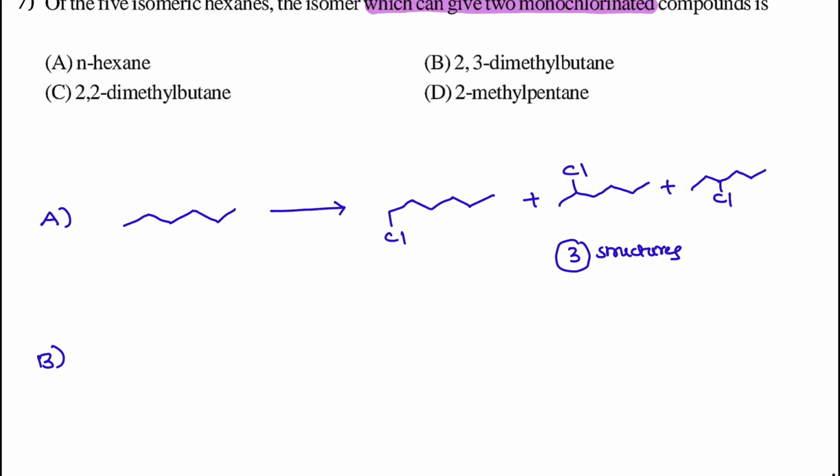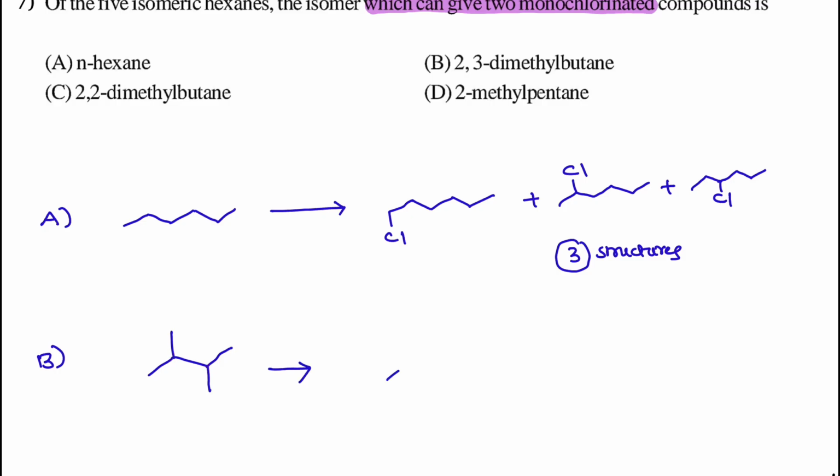B, 2,3-dimethylbutane. These 4 methyl groups are identical. You write chlorine here, or here, or here, or here, the result is the same. You write chlorine here or here, the result is the same.